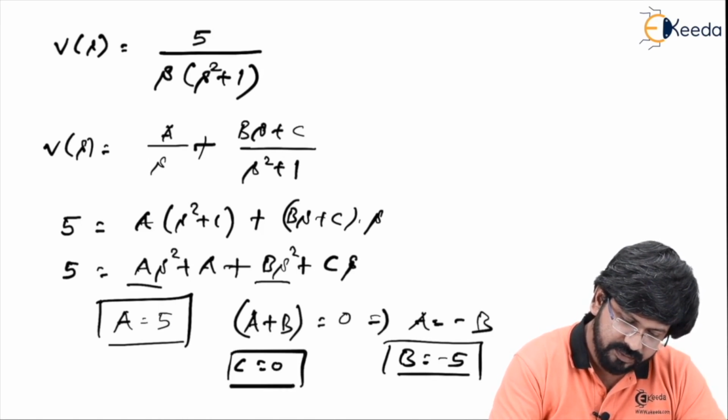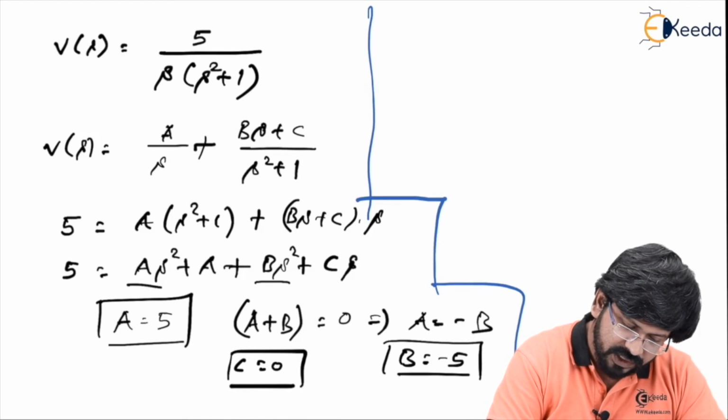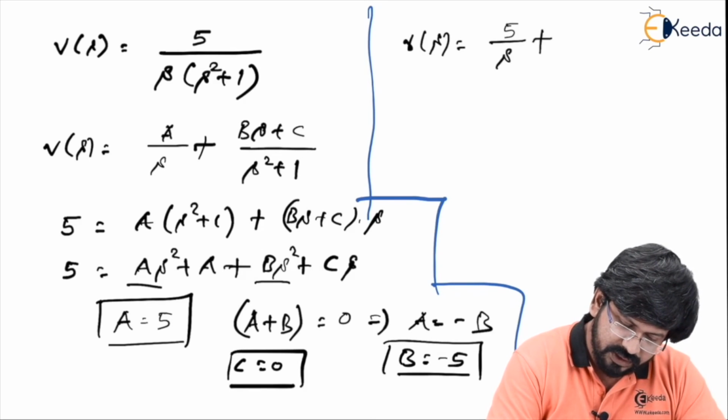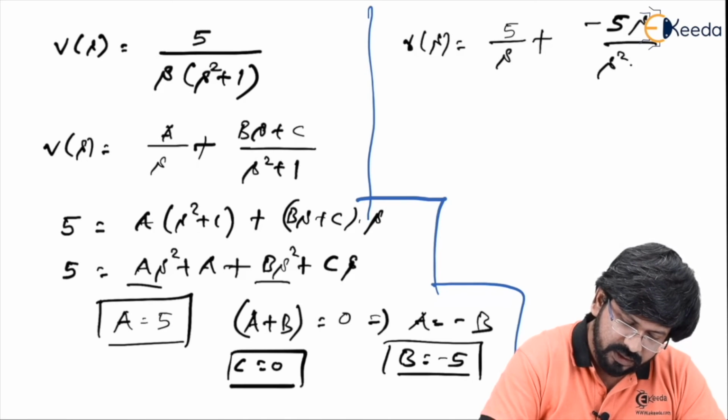By comparison, I can write V(s) as, the value of A is 5, so it becomes 5 by s, plus the value of B is minus 5, so it is minus 5 s upon (s square plus 1).